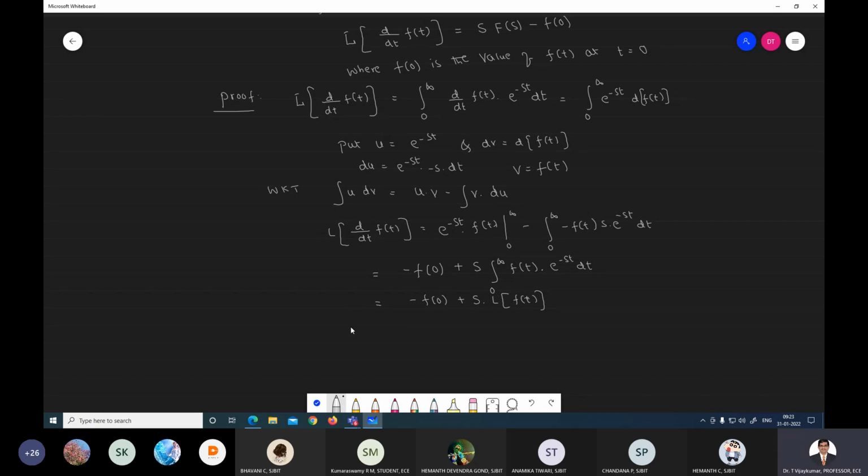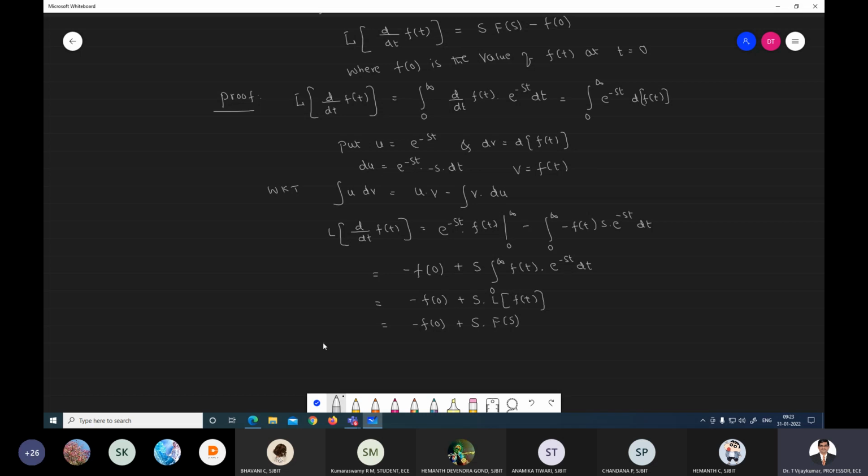So therefore, this we can write as minus f of 0. How do we represent the Laplace of f of t? We can write it as F of s.